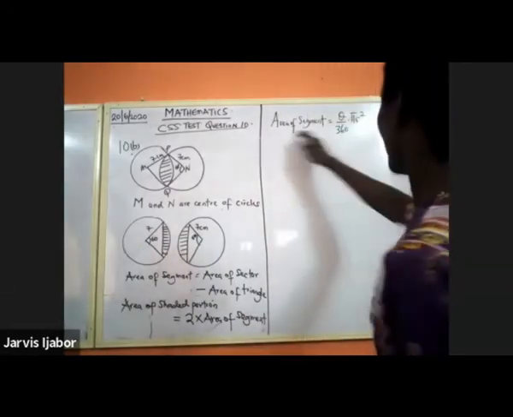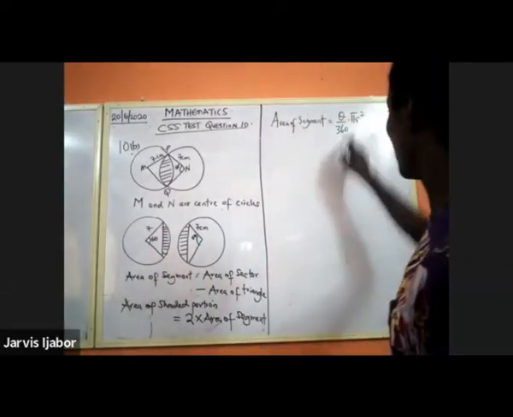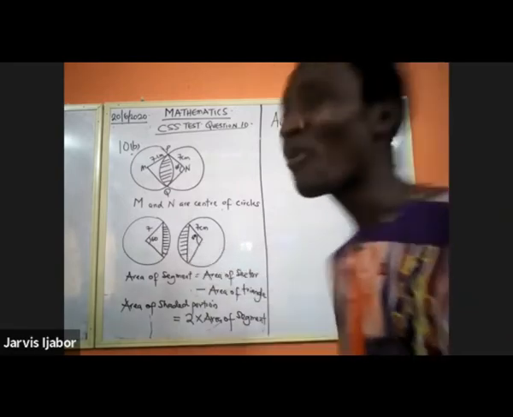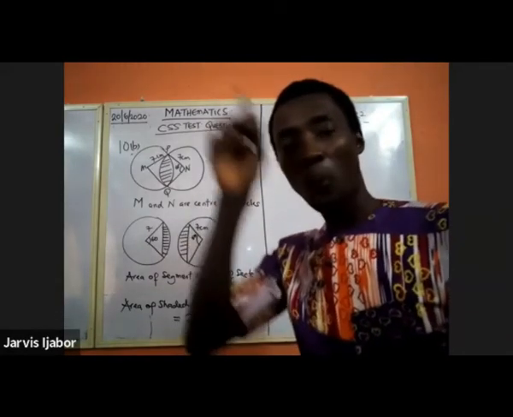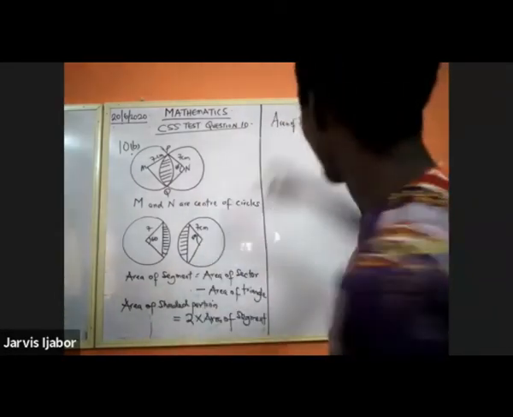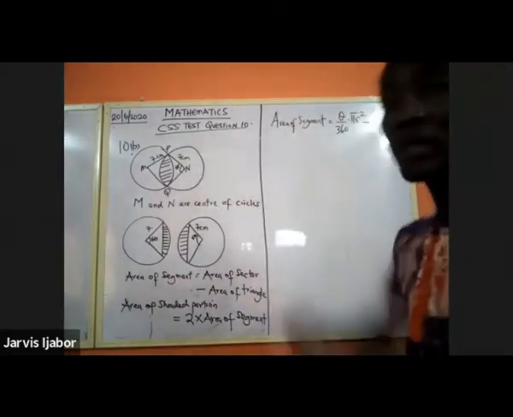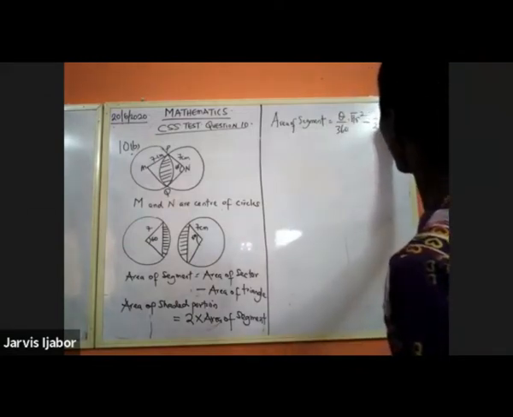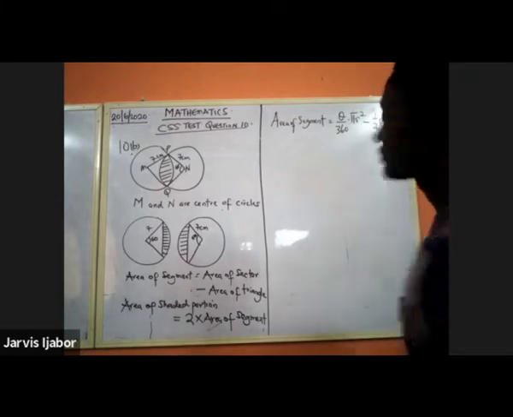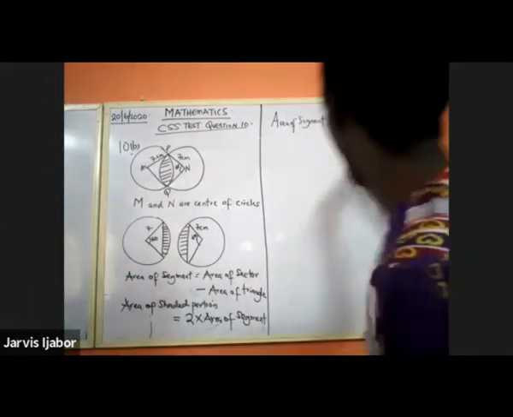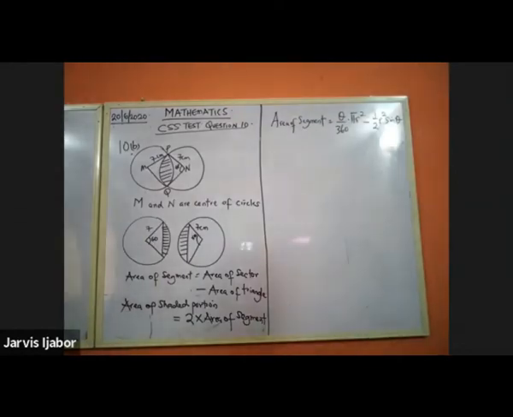So the area of the segment is the area of the sector minus the area of the triangle inside the circle, which is half r squared sine theta. The concept of included angle applies here.